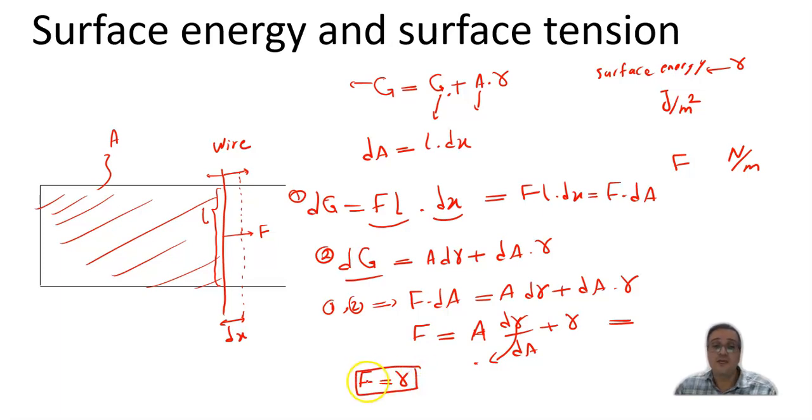So F is surface tension, and its unit is Newton per meter, and gamma is surface energy, and its unit is Joule per square meter. And as you can see, the units on both sides are similar, the dimensions are similar. So the surface tension is equal to surface energy.